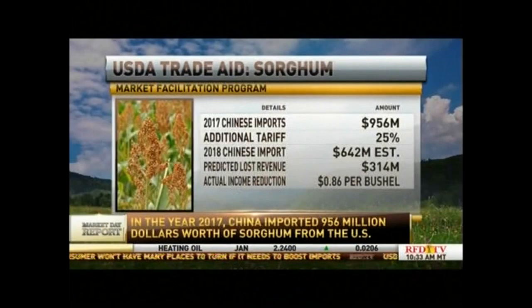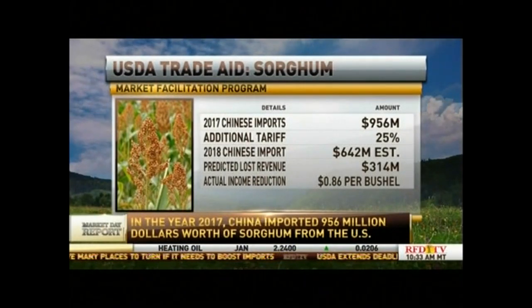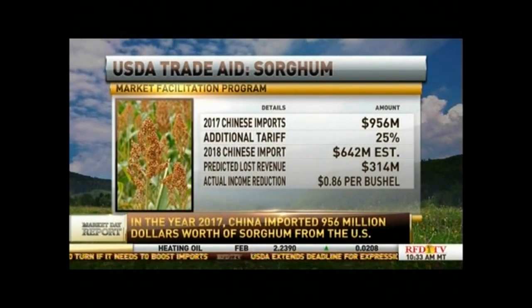I think grain sorghum is a really interesting example, or milo, wherever you are in the country, because China is such an important market for grain sorghum exports out of the United States. They're our #1 customer. So USDA said 2017 exports of grain sorghum to China, we're going to say that would have been the same trade amount in 2018.